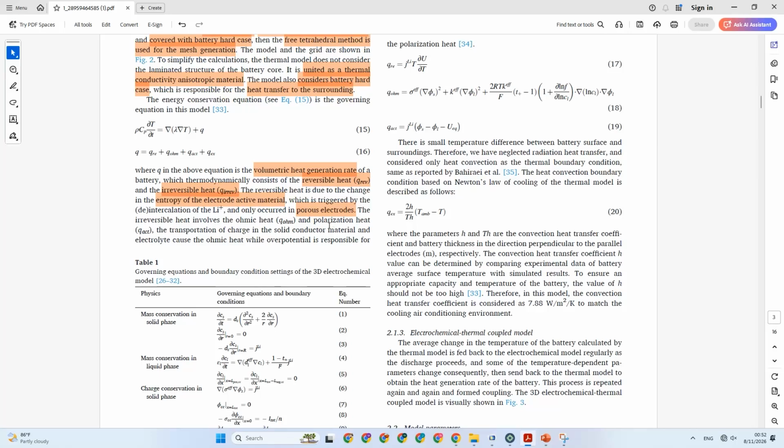But polarization, maybe they could use the PO or pH, polarization heat. Okay, the transportation of charge in the solid conductor material. Okay, this is in solid conductor, and electrolyte cause ohmic. Okay, maybe the Q act in solid conductor, and electrolyte and ohmic it's in electrolyte.